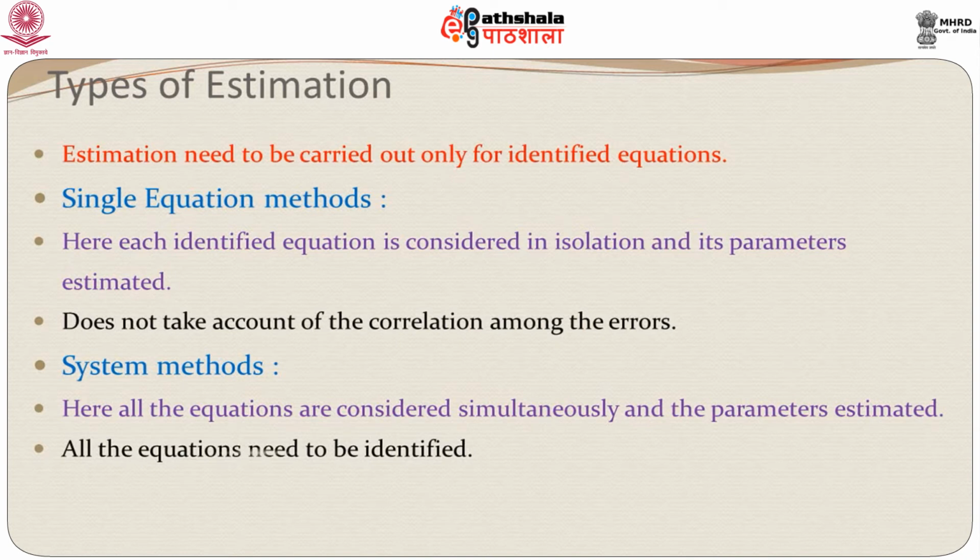So, in the single equation methods, if all the equations are not identified, we will be looking at only the identified equation, but then we will not be taking into account the correlation between the errors. In the second one, the equations need to be all identified, and we can in that case take account of the correlations between the equations.